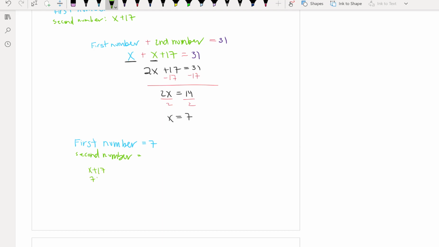So really it should be 7 plus my 17, and 7 plus 17 is going to give you 24. So now I have the two numbers, the first number x being 7, and the second number, x plus 17, being 24. Again, those two numbers that added together are going to be 7 and 24. Okay, well, I hope that helps.